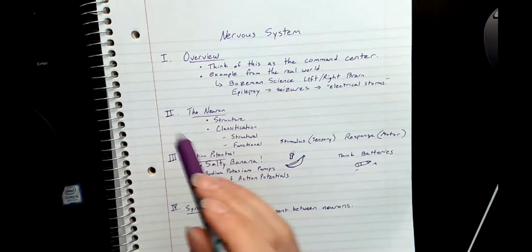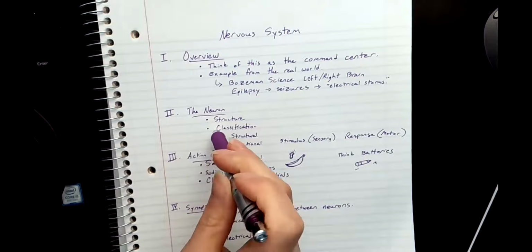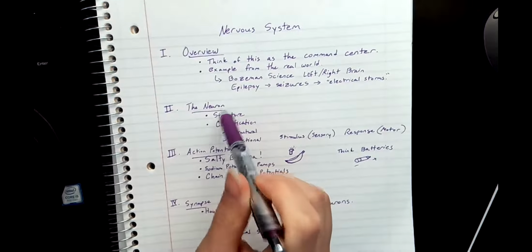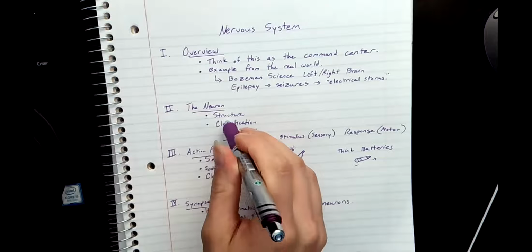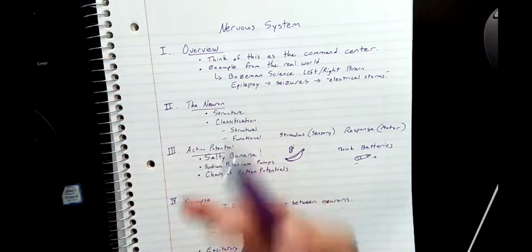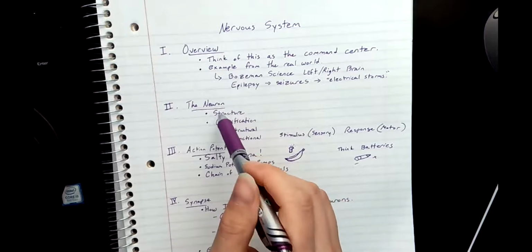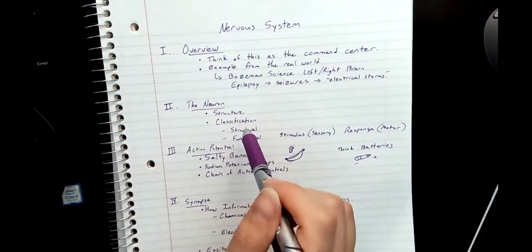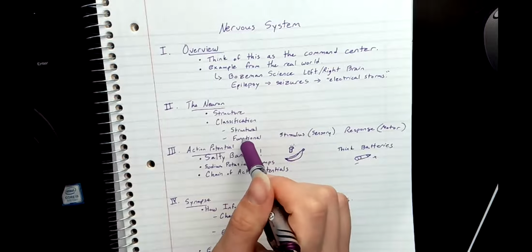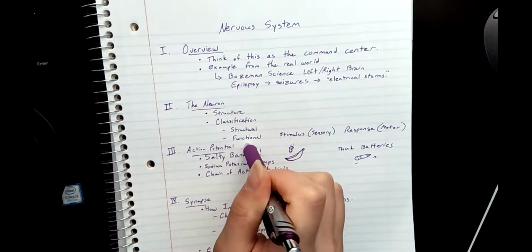And the most basic unit of the nervous system is the neuron. These are cells in your body that devote their function to the nervous system. And there are ways to classify them based on structural capabilities and their function.